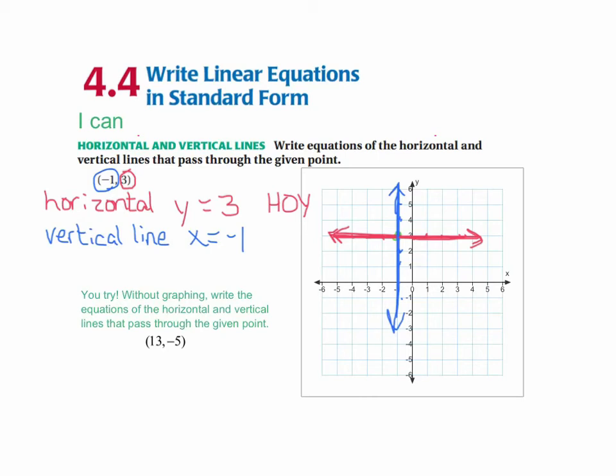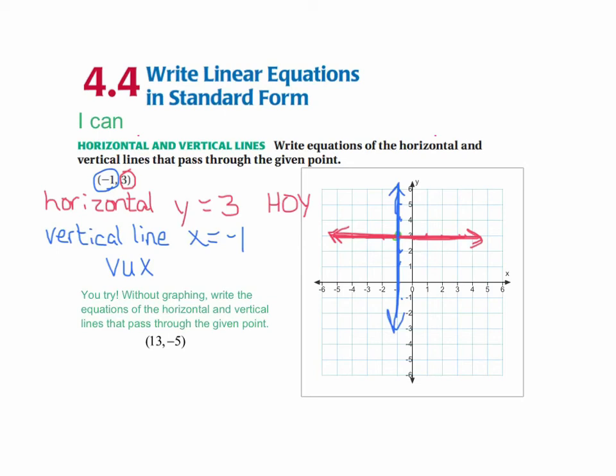Now, what do we use for a vertical line? For a vertical line, we use VUX, right? V is for vertical line. U means it has undefined slope. What does the x mean? The x means the equation is x equals a number. And in this case, it was x equals -1.